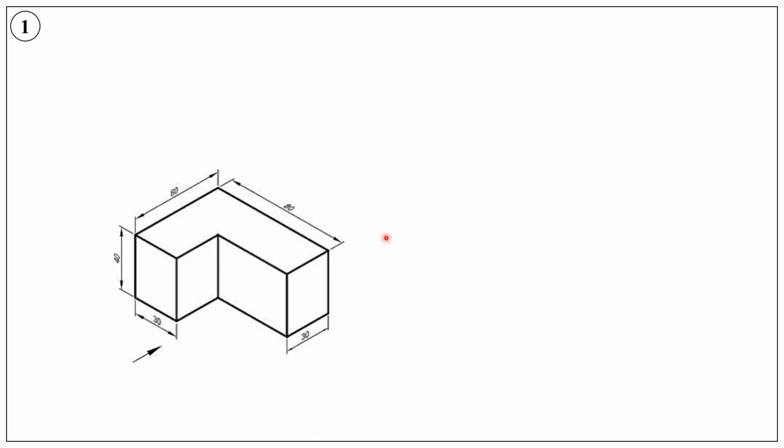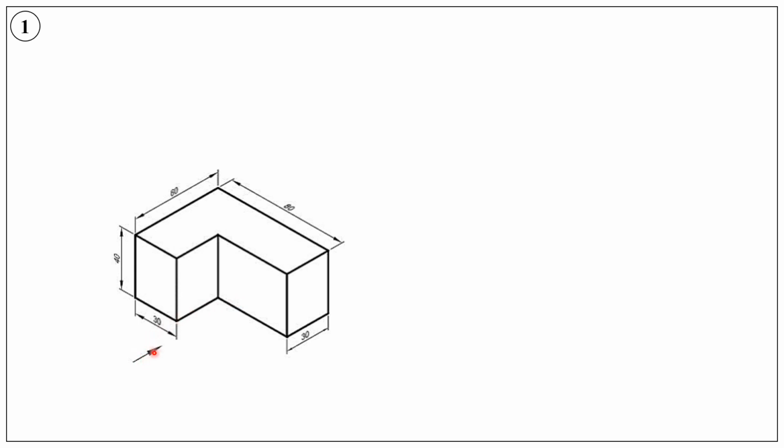What is left is to draw the left hand side view of the object. So what is left hand side view, or where is left hand side for the object? In order to identify the left hand side of the object, assume the observer is standing at the arrow mark looking at the object.